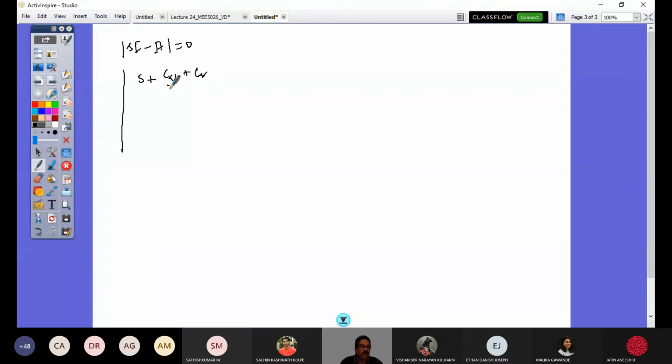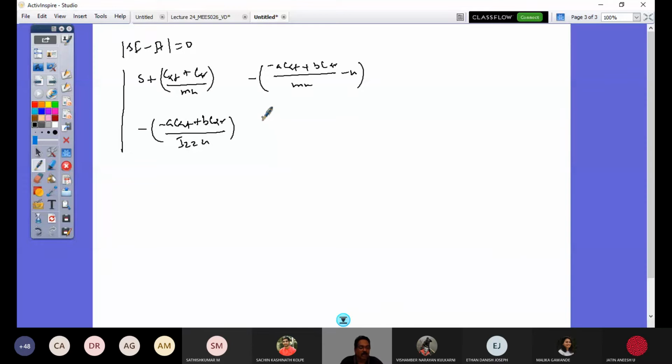The minus goes off, and there it's 0 minus of that, so I will get minus now: minus (aC alpha F minus bC alpha R) by mu minus u, and this term is minus (aC alpha F minus bC alpha R) by Izz u, and here again s minus of the minus term, so it becomes s plus (a squared C alpha F plus b squared C alpha R) by Izz u.